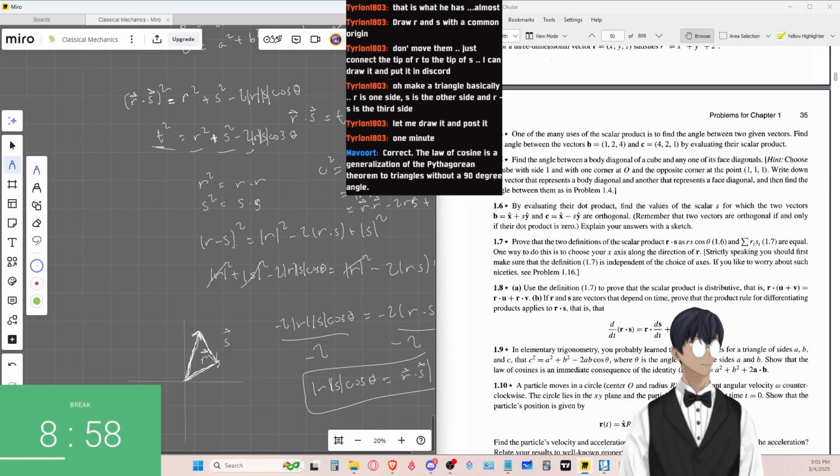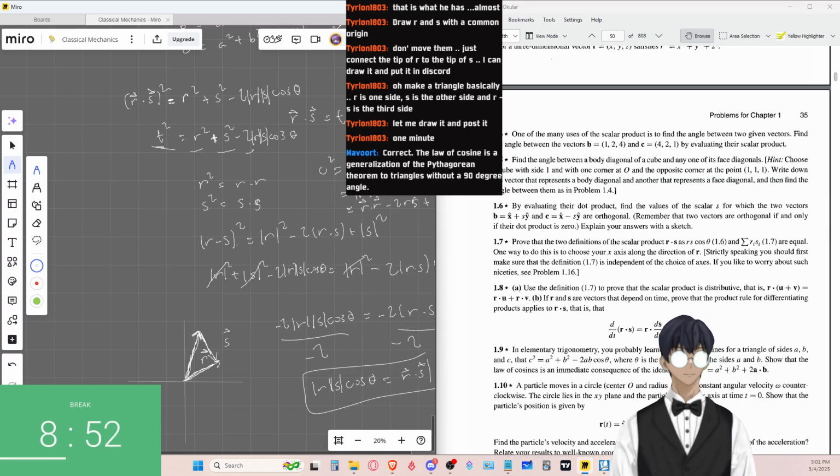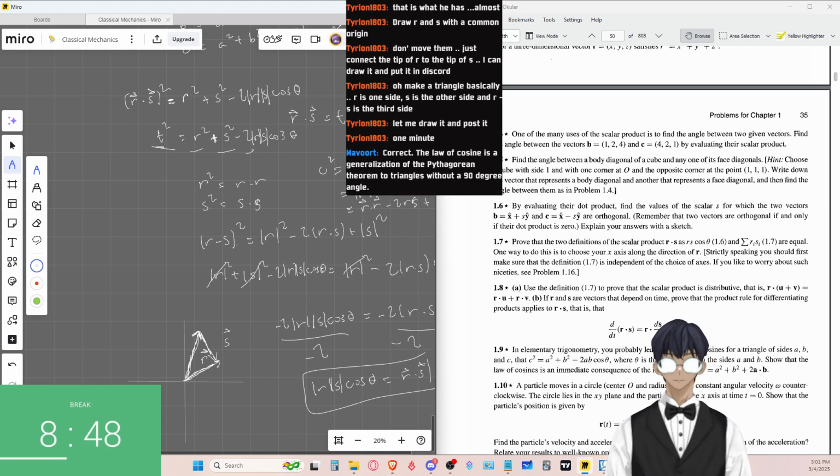The law of cosines is a generalization of the Pythagorean theorem for triangles without a 90-degree angle. Oh, okay. Well, at least I know that much. I remember solving problems involving those. Those were pretty fun, actually.